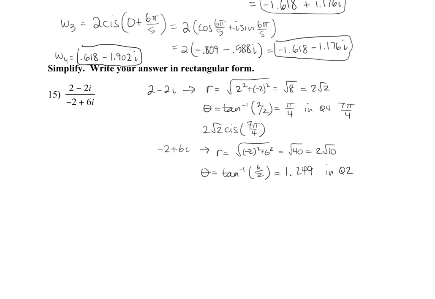So if we subtract that from pi, this is 1.893 radians.